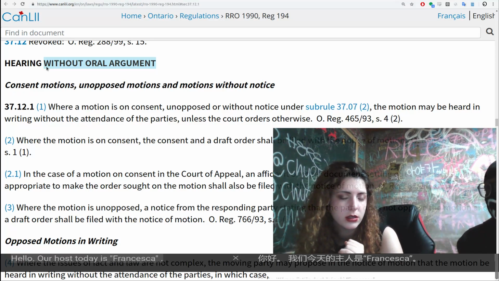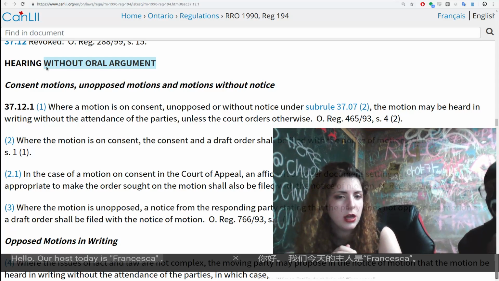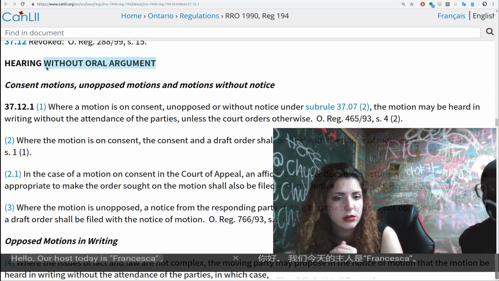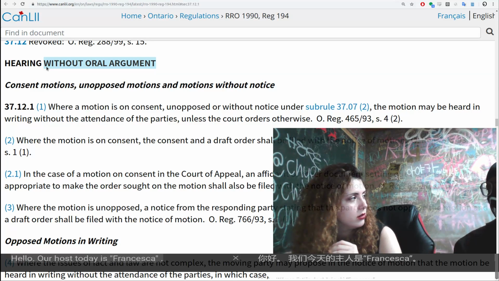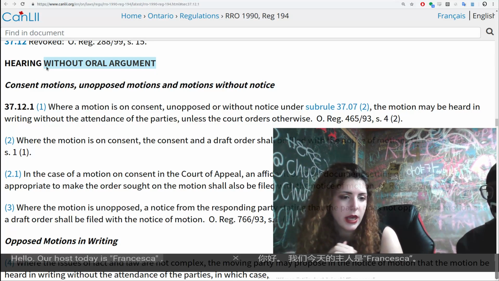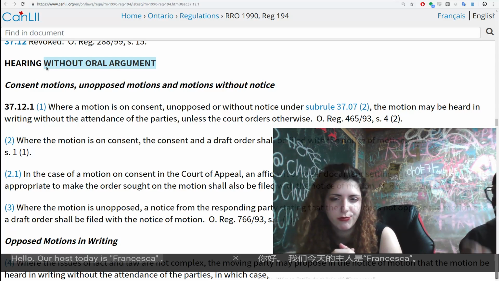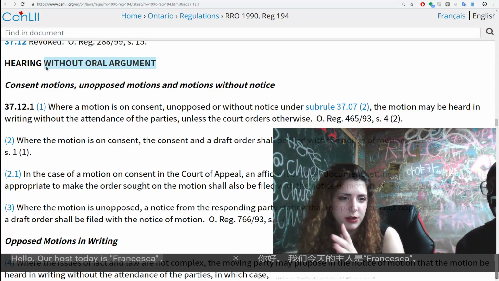This Canadian legislation acknowledges that, which I think is very good. People don't know about this, but it's very useful to know you can say, I don't want oral argument, I want everything in writing, so it's very detailed, precise, and complete.